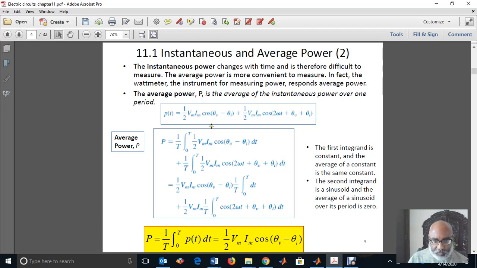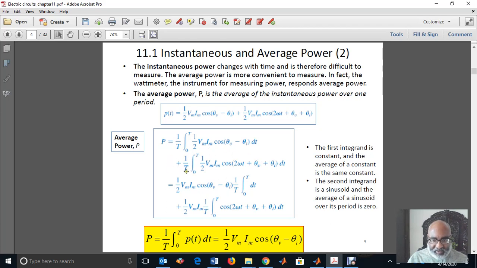The integration of the constant part, because this is constant, does not depend on t, so it will give T when evaluated from 0 to T, and T will cancel the 1 over T, giving me the same constant number. So the average of a constant number is the constant. What about the integration of the AC part?